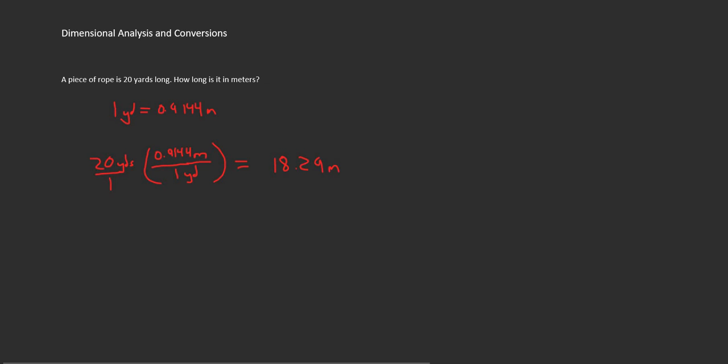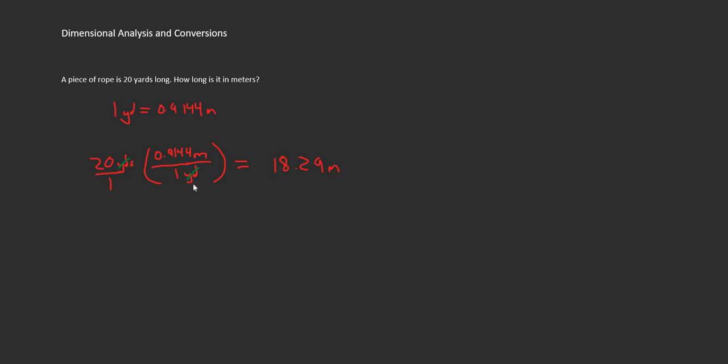You'll notice that in dimensional analysis, here's a critical thing that you'll need to understand. Units cancel out. See how we have yards up here and we have yards down here? These units cancel because one is on the top and one is on the bottom. If something is the same in the top and bottom, it cancels. This is one of the fundamental things of dimensional analysis and later on stoichiometry.